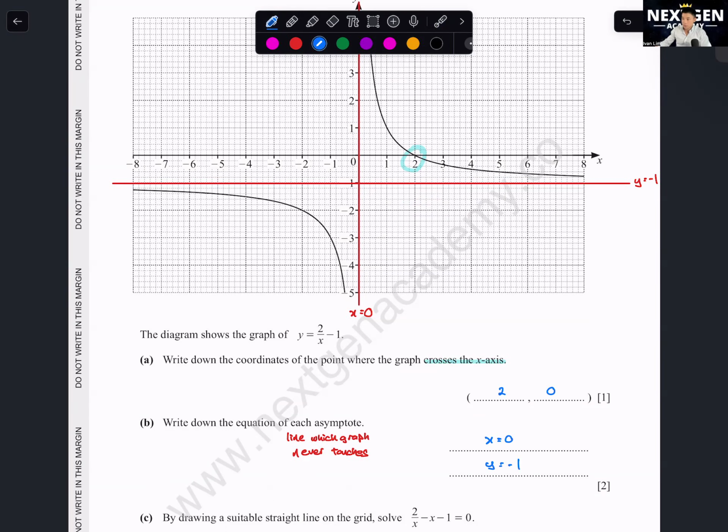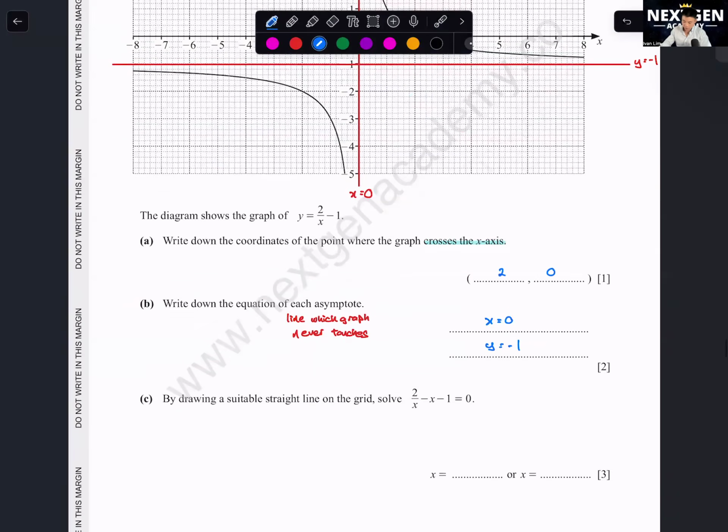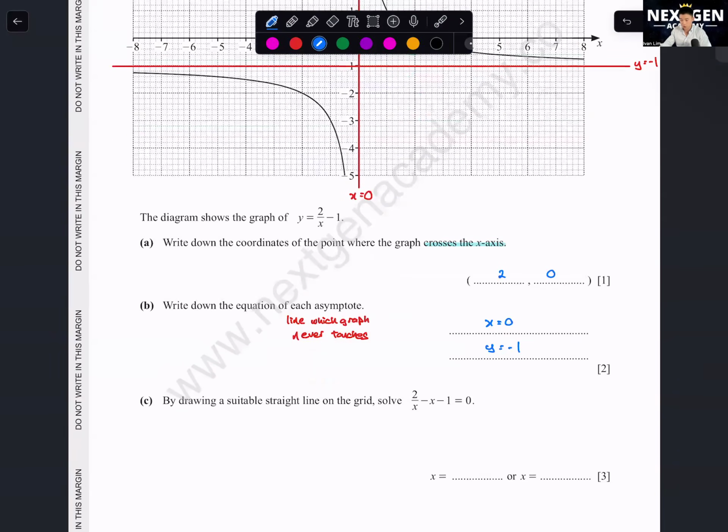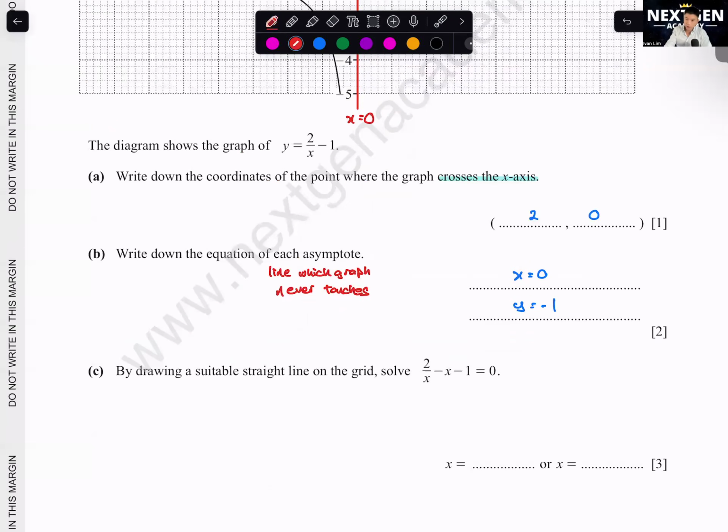The next one: by drawing a suitable straight line on the grid, solve 2 over x minus 1 equals 0. This is normally the question that they will ask for a graph question, and it's a 3-mark question. What do we need to do? This is the formula or the steps that you have to remember.